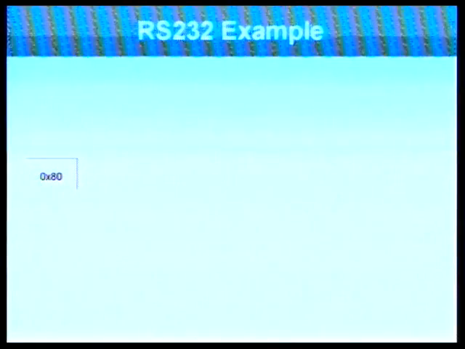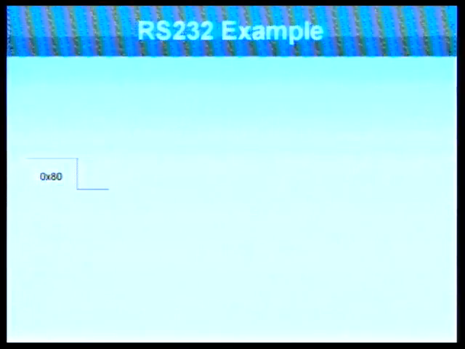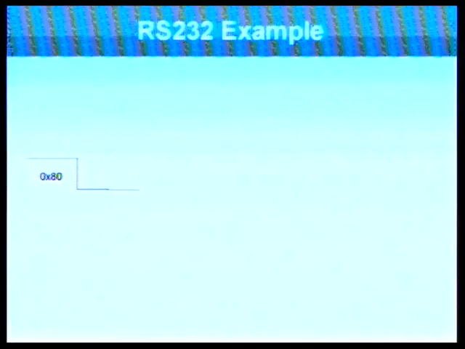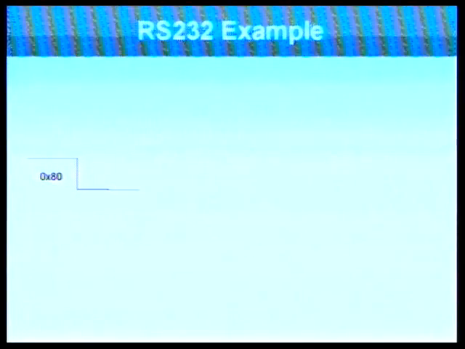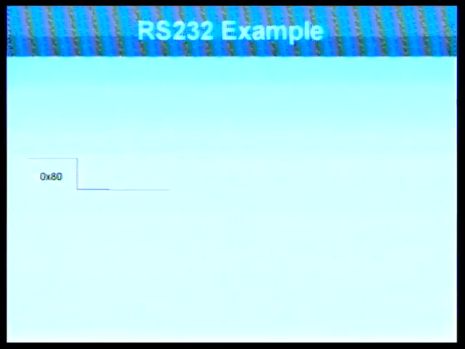followed by a stop bit. So considering the example of 0x80, it begins by a fall to a mark. The mark lasts 1 space, and then we have spaces for the individual data. So this would be our least significant bit, which is a 0. Then we have another 0, another 0, and another 0. This is our least significant nibble.